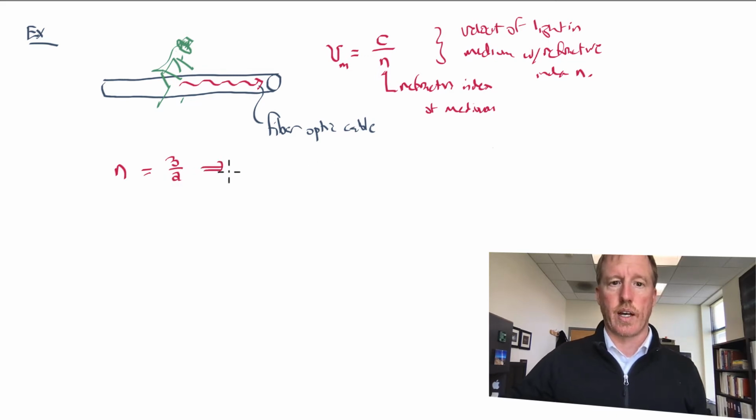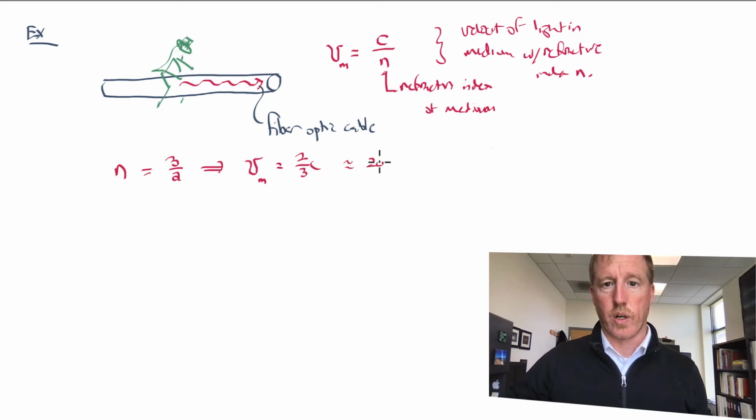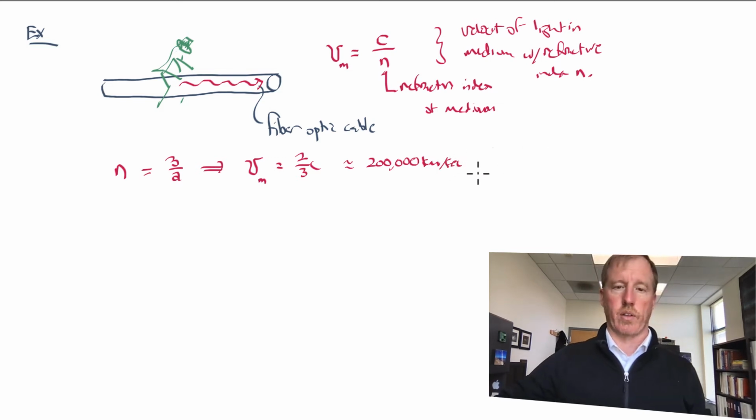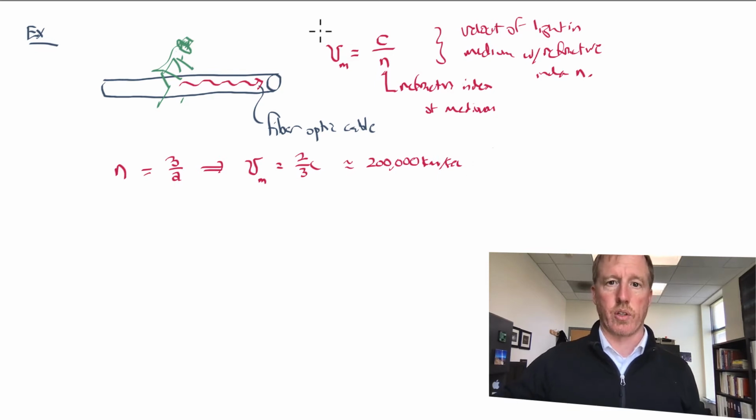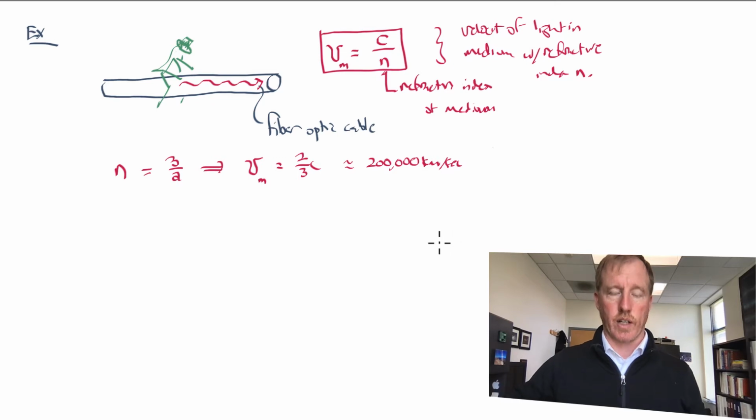So notice that this implies the velocity of light in this medium is going to be 2/3 c, or about 200,000 kilometers per second, because in a vacuum it's 300,000 kilometers per second. There's nothing too controversial here. I'm just introducing the notion of refractive index and how that modifies the speed of light. We haven't done any relativity yet.